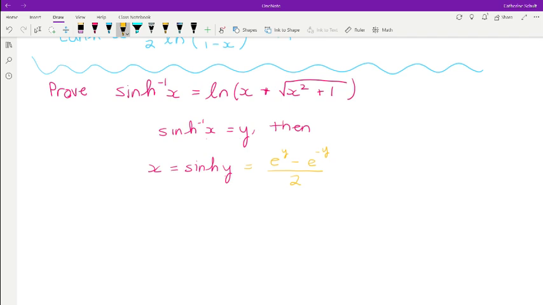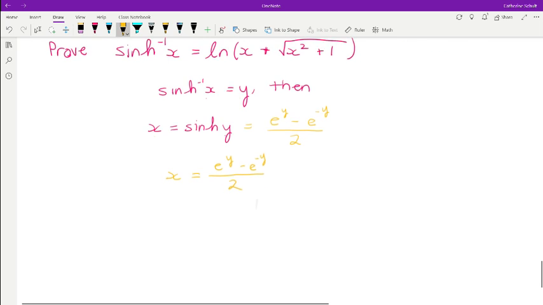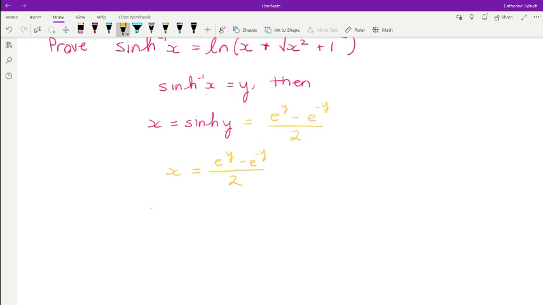Okay, and that equals x. So let's cut out the middleman. So x is equal to (e to the y minus e to the negative y) over 2, right? So let's clean this up. Let's multiply both sides by 2. So we get 2x is equal to this.